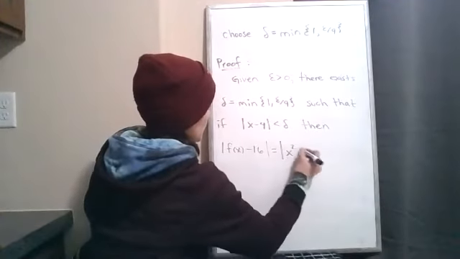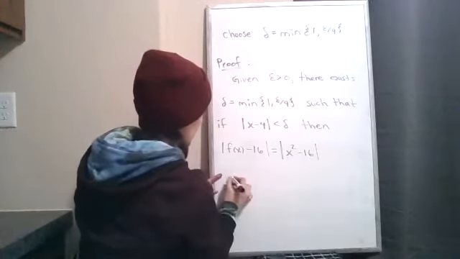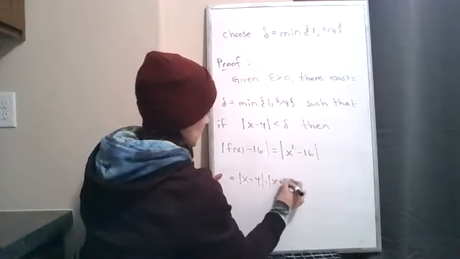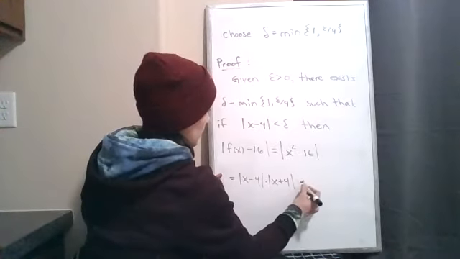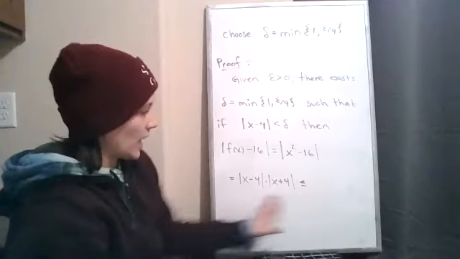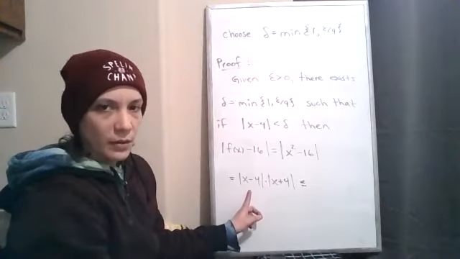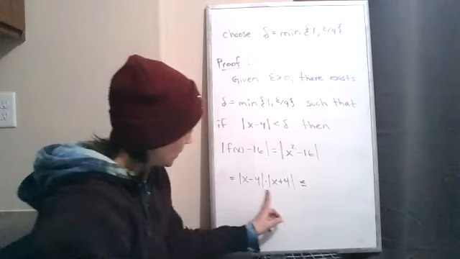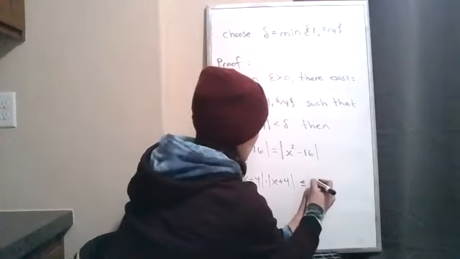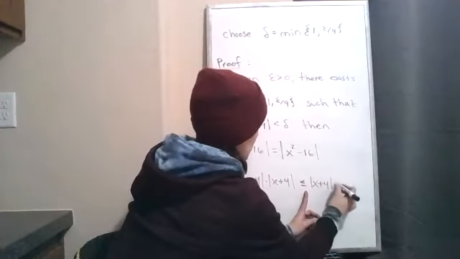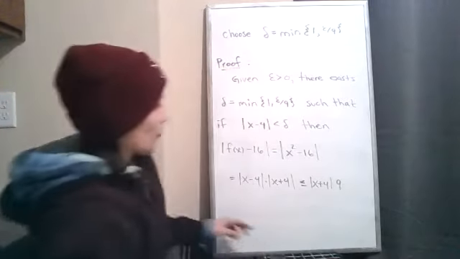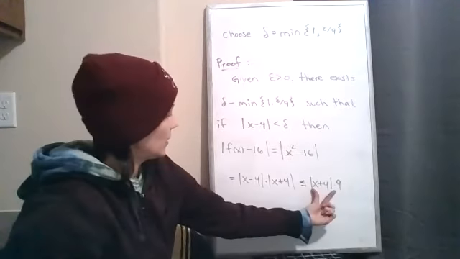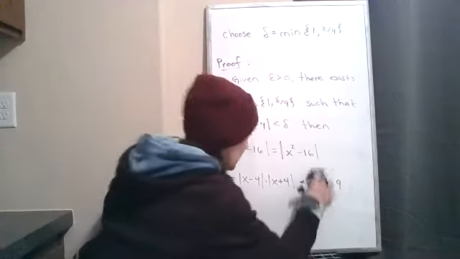Is x squared minus 16. Let's go ahead and jump to this part. And from here to here, we had that bound of 1. And then I put it in the wrong spot.